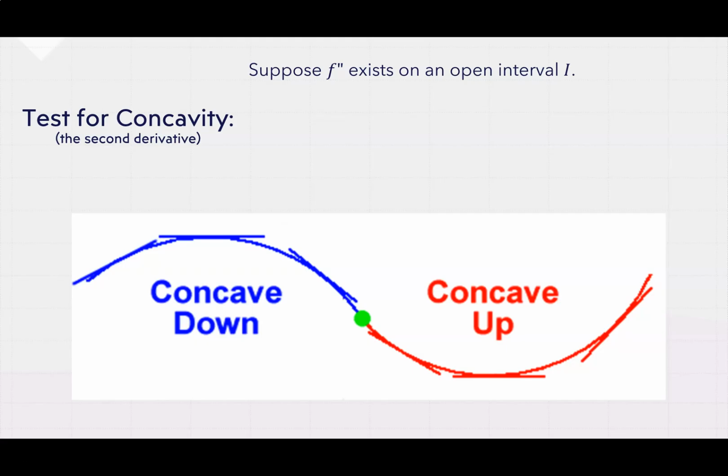Okay, now second derivative. What does the second derivative tell you? How your curve is curving, meaning the concavity of the curve within that interval. Okay, so if the second derivative is positive, then your function concaves up.